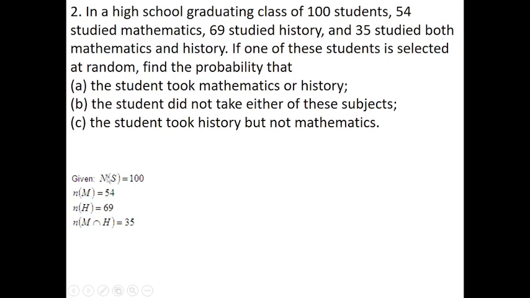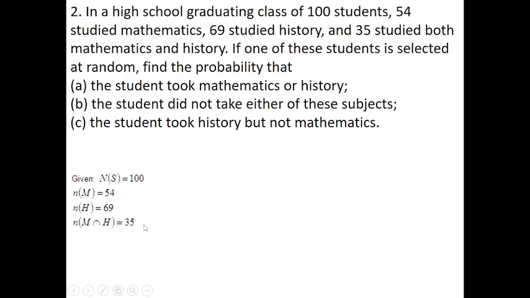This is the notation. And yung bilang ng mga possible outcomes ay 35. Ibig sabihin yan, yung common outcomes dun sa math and history event, okay, ay 35. So, ibig sabihin, 35 yung nag-aaral ng parehong subject, no?